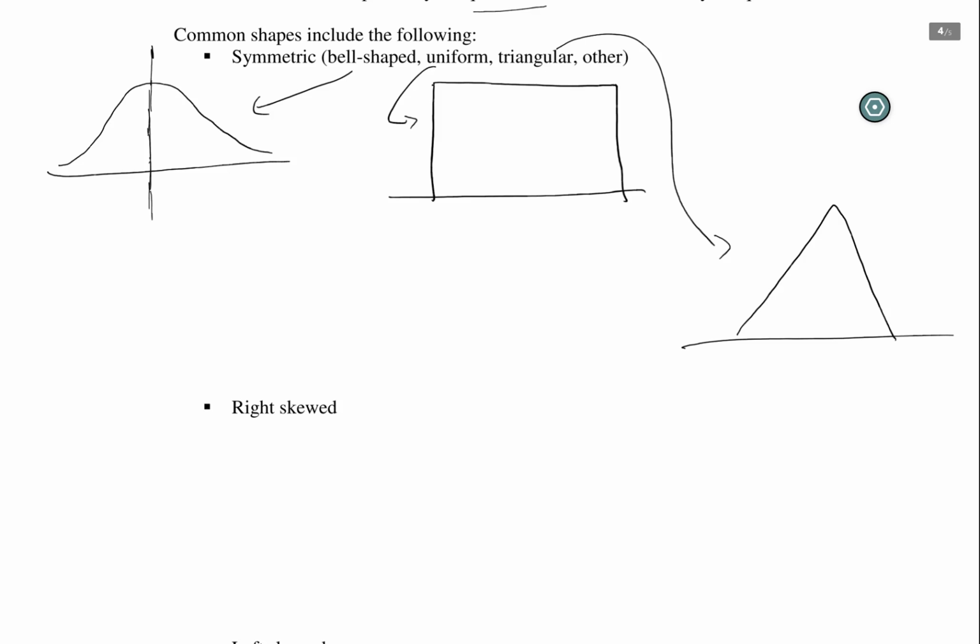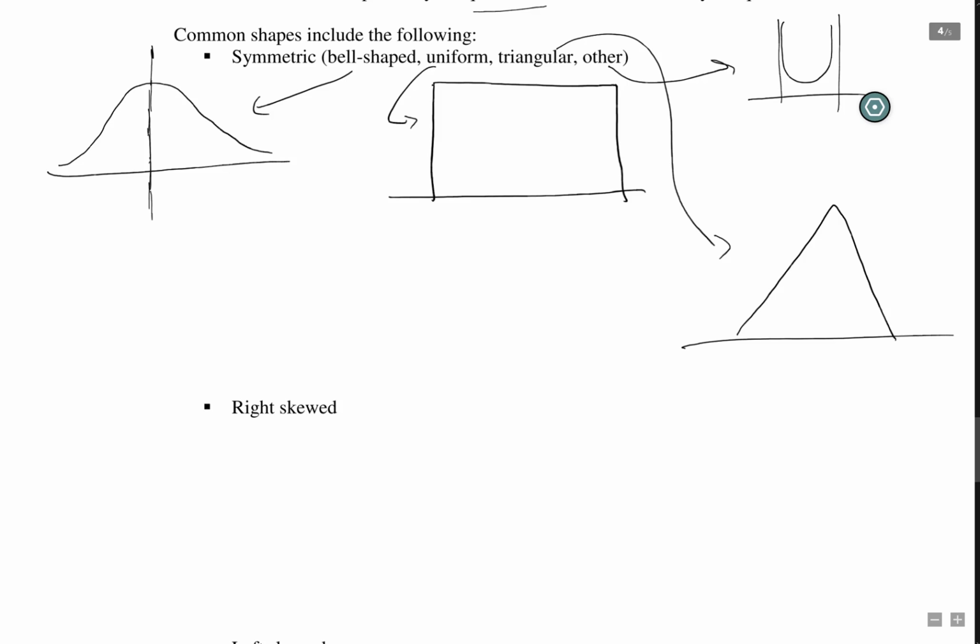Other plots we could have, we might have something that's symmetric but not bell-shaped. Maybe it's U-shaped, something like this. And so maybe we'd have a plot that would look like this. This would reflect that moderate values are less likely than extreme values.